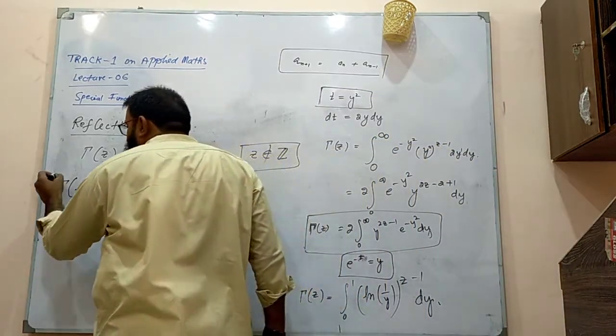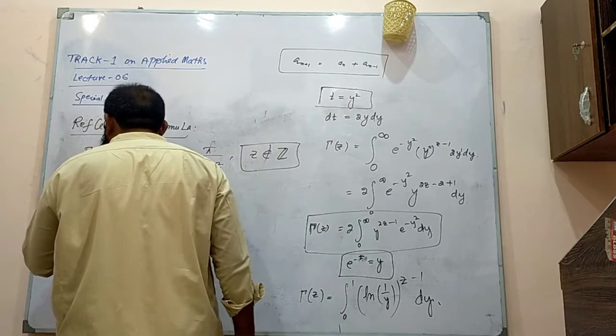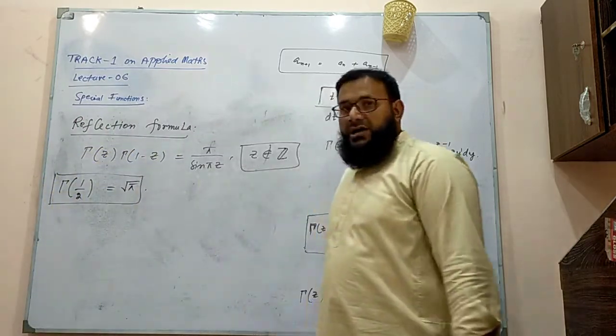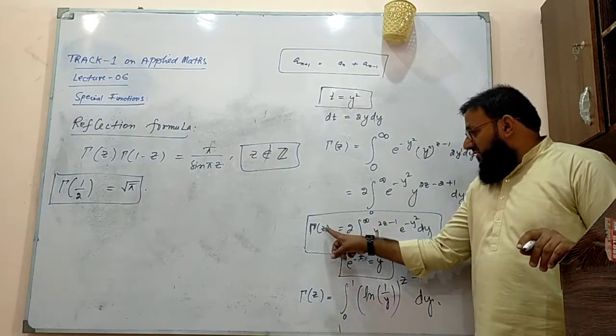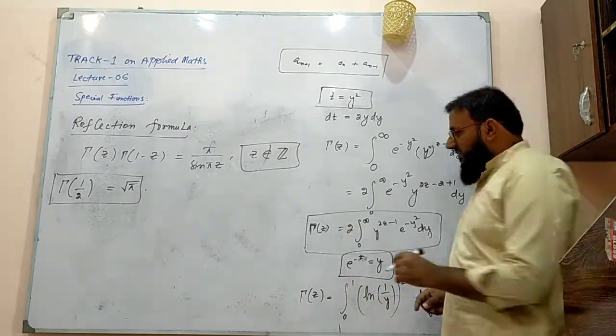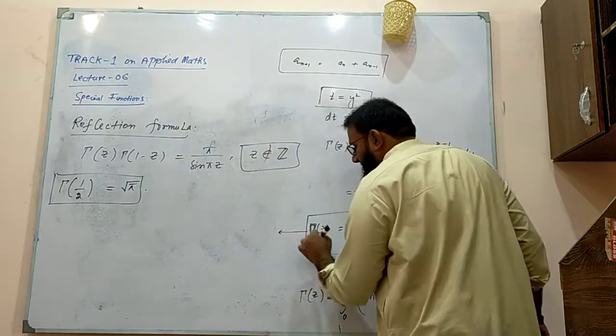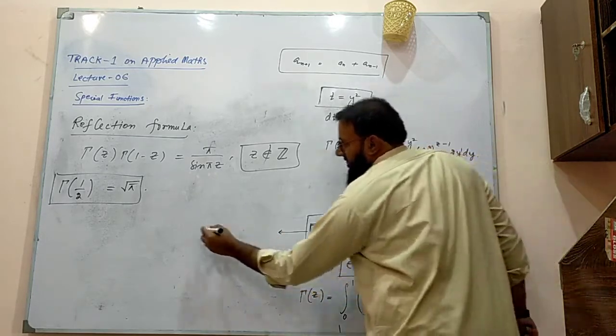With the help of that integral, you can say that the value of gamma of 1/2 is going to be square root of pi. Okay, let us apply this formula, not the previous one, and see what happens.